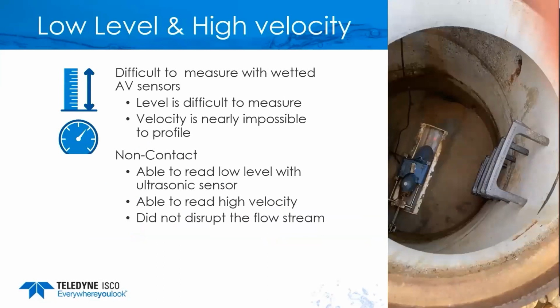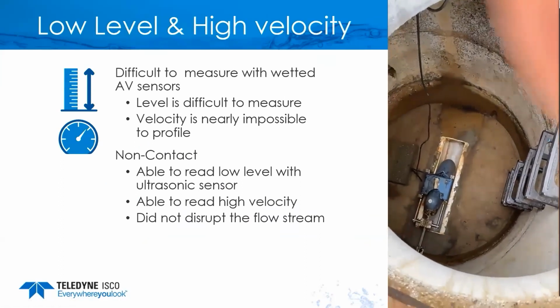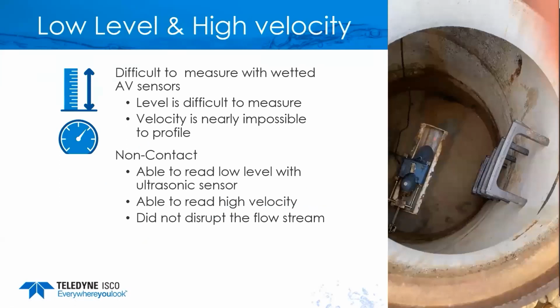On some applications, you could have a difficult application when you have low level and high velocity. In-pipe wetted sensors can have a difficult time measuring when you have low level and high velocity. Similar to that picture, or that video.